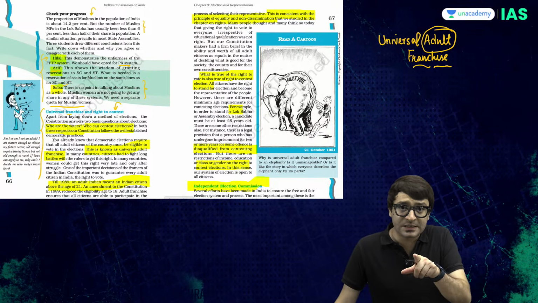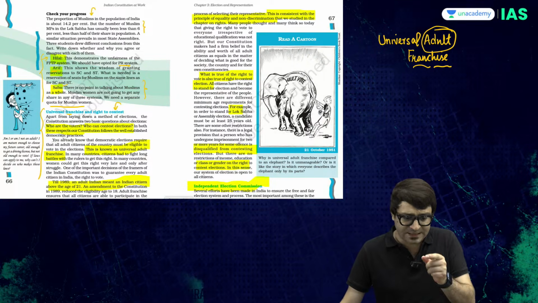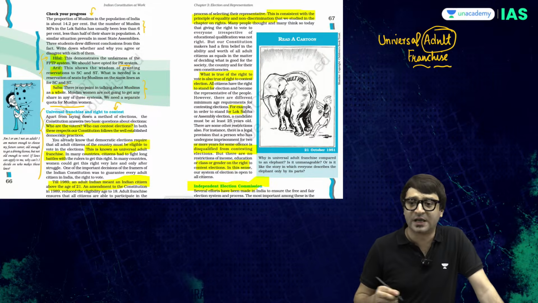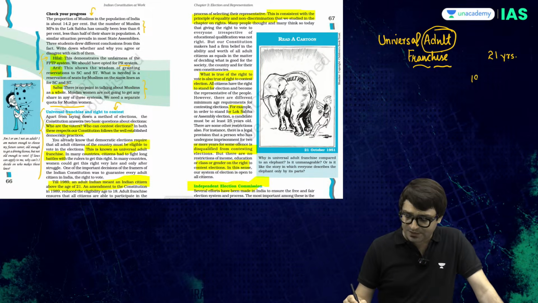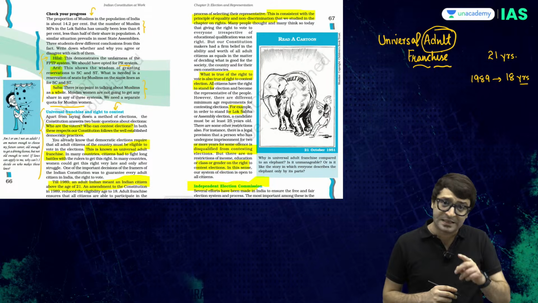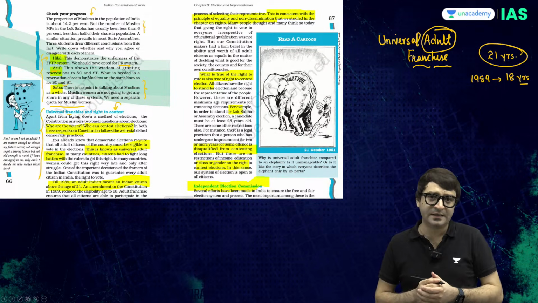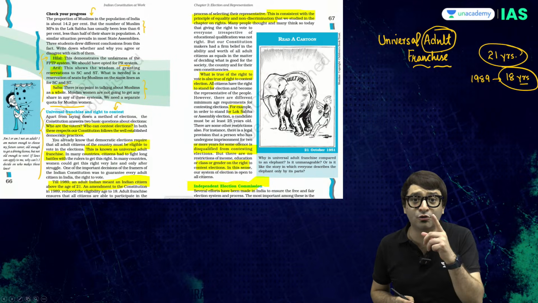Now, who is an adult will be determined by the Parliament. At the time when the first election was to be conducted, this right to vote was given to every adult above the age of 21. The year was 1989 when this voting age was reduced to 18 years, which means every adult who was 21 years old till 1989, and after that every adult who is 18 plus, has the right to vote.